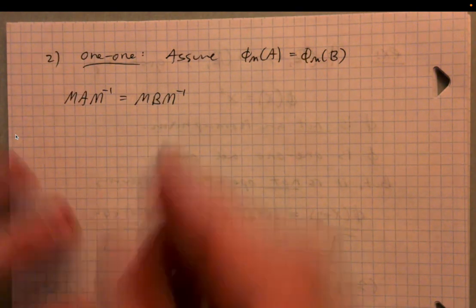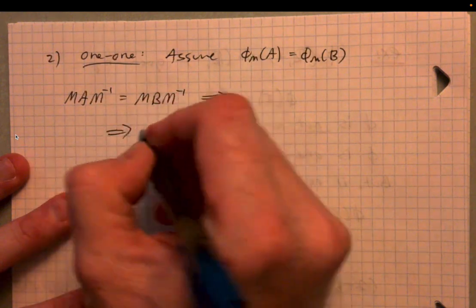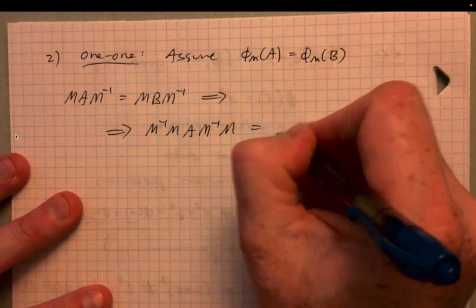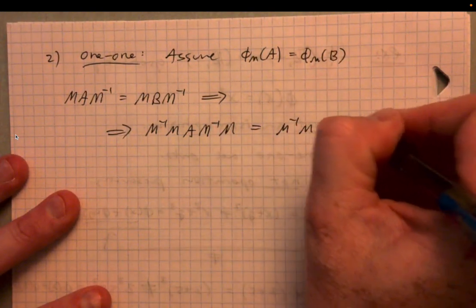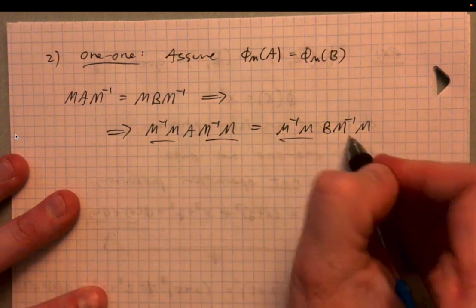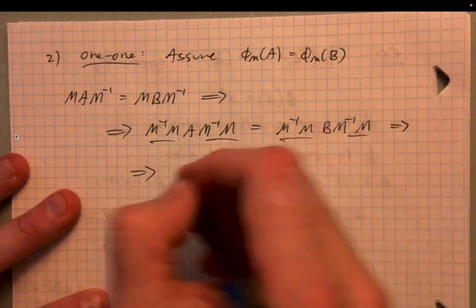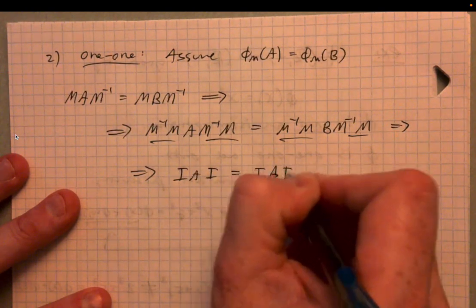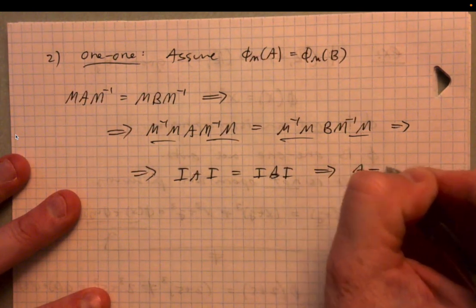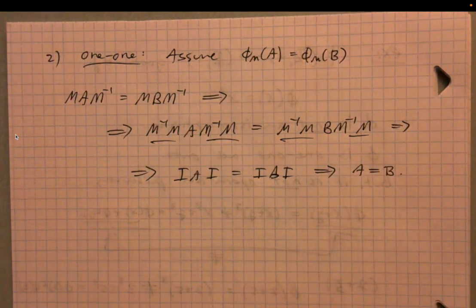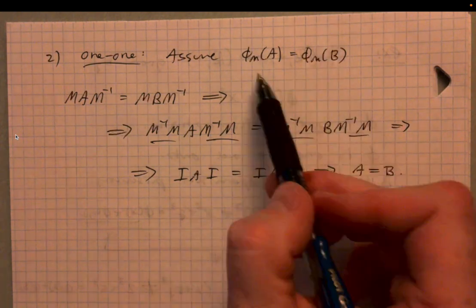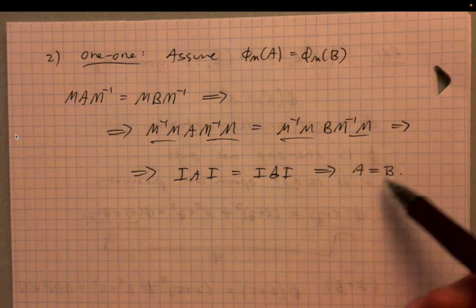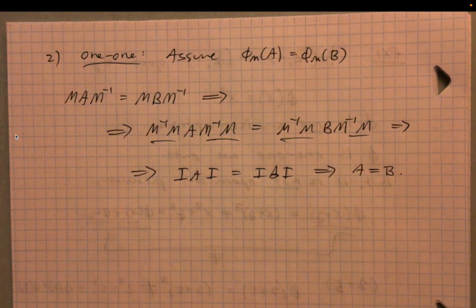These are all invertible matrices, so I can multiply on the left by M inverse and on the right by M. M inverse M A M inverse M equals M inverse M B M inverse M. These are all identity matrices, and so I A I equals I B I, and so obviously A equals B. So it's one-to-one. If the images are equal implies the elements in the domain are equal, then you have one-to-one.